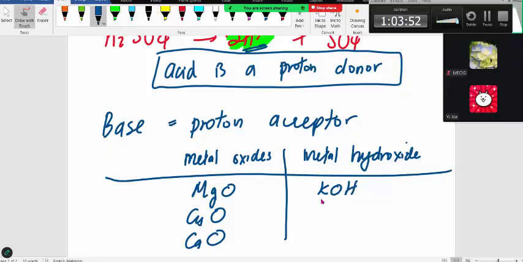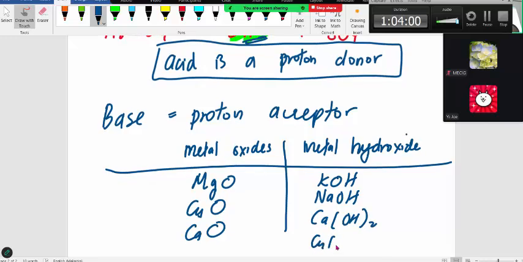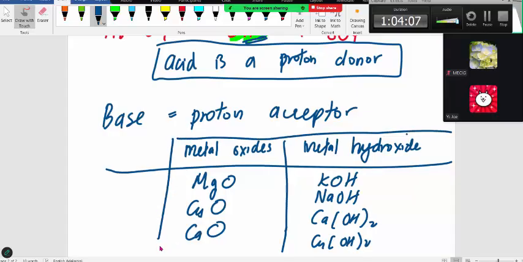Potassium hydroxide, base. Sodium hydroxide, base. Calcium hydroxide, base. Copper hydroxide, base. Get it? So as long as it's a metal oxide or a metal hydroxide, it is all under the category of base. And it all can accept protons.